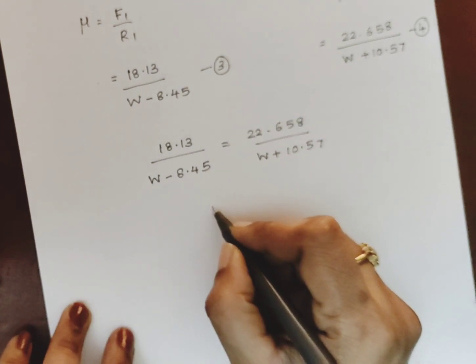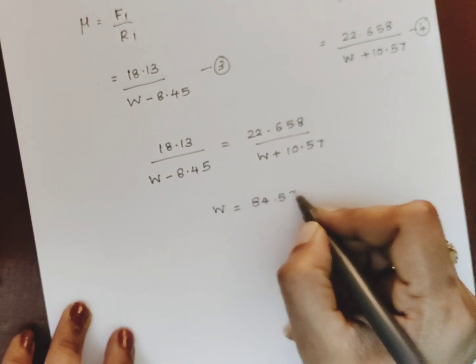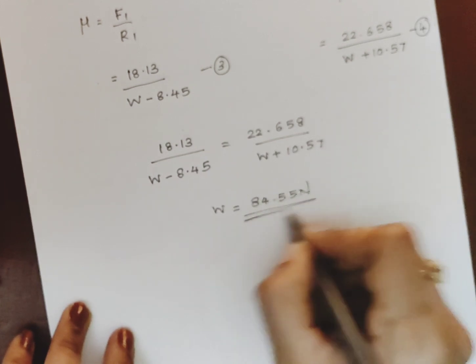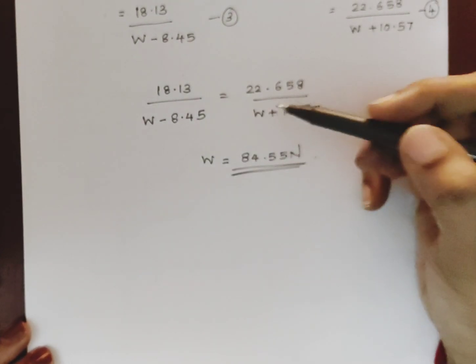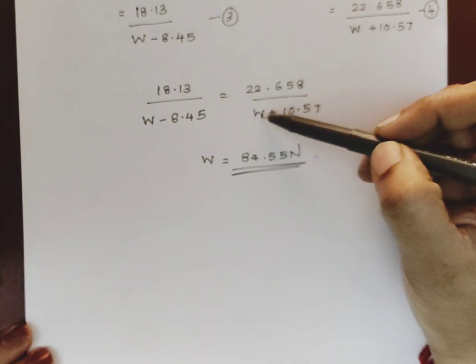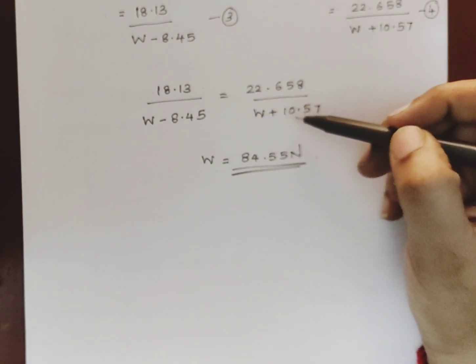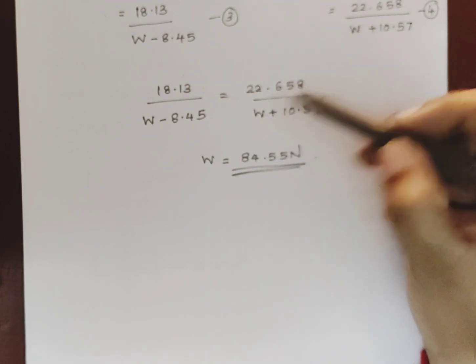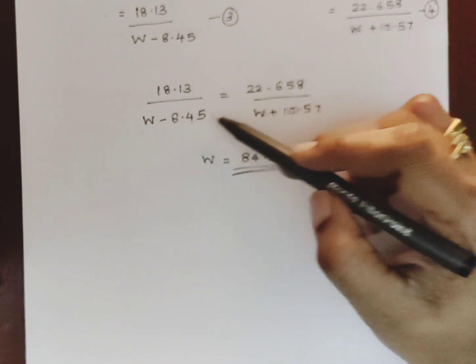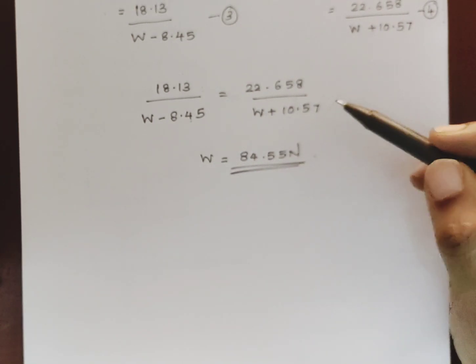On solving, you will get the value for W as 84.55 Newton. So here you have to cross multiply these two equations. So 18.13 into W plus 10.57, that is equal to 22.658 into this term, that is W minus 8.65. So W is equal to 8.55.